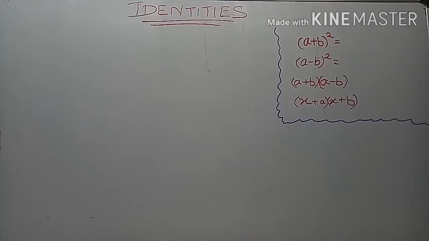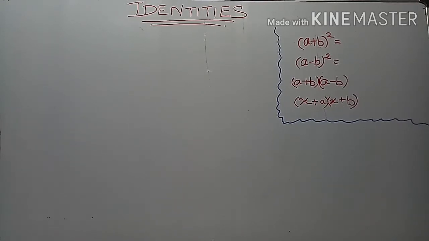Let us study a few identities that we'll be using in our various problems in the upcoming exercises. Now, to understand these identities, we'll first verify or find out the values of these. Okay, so let us start with the first identity that we see on the board, that is A plus B the whole square.